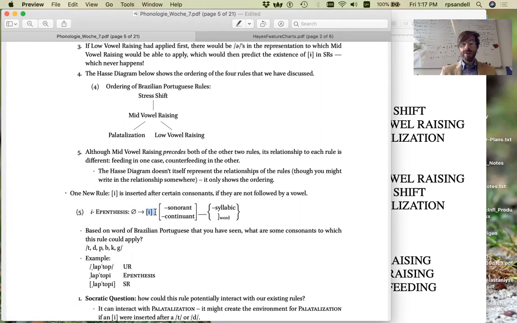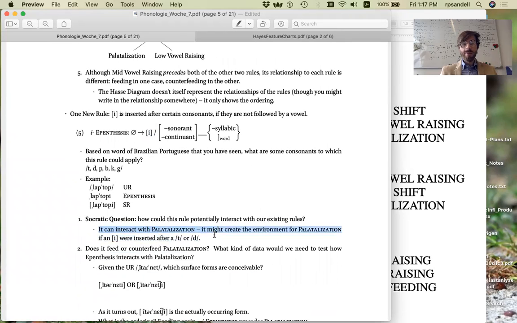So again, this rule is creating an E, and it should then be clear that it could potentially interact with palatalization, because if an E were inserted following a coronal stop, it could create an environment for the application of palatalization. So again, the question will be, does this process of epenthesis feed palatalization, or does it counterfeed palatalization? Does it apply too late in order for palatalization to apply?